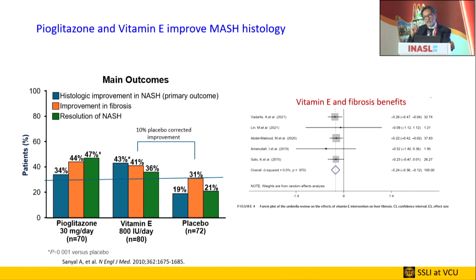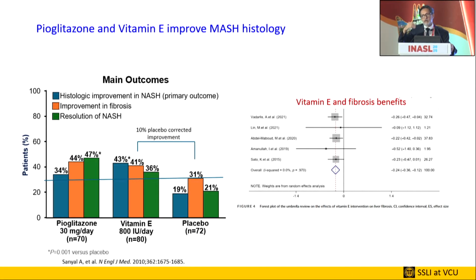And you know, one thing I want to point out, everybody says vitamin E and pioglitazone affect fibrosis. So in these studies, it did not hit statistical significance. But remember, statistical significance is a function of the effect size, that is the difference between your placebo and the treatment arm, and your sample size. So for a given effect size, if your sample size is big enough, you will get a p-value.